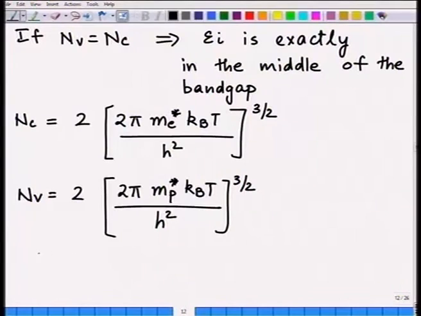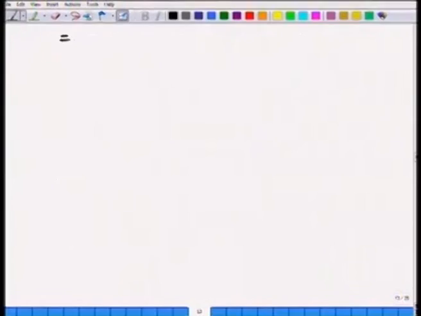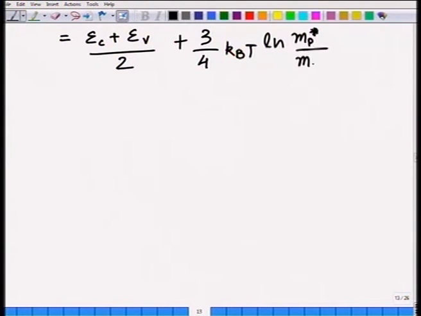Which means I can write this EI one more time. I can write EI to be equal to (Ec + Ev)/2 plus half log of NV over NC, that means (mp, the hole effective mass, over the electron effective mass) to the power 3/2, or I can write this as (Ec + Ev)/2 plus 3/4 log of the effective mass of hole divided by the effective mass of electron.